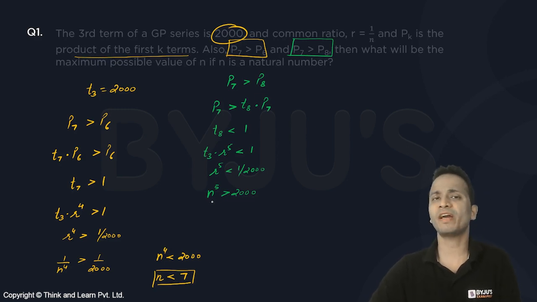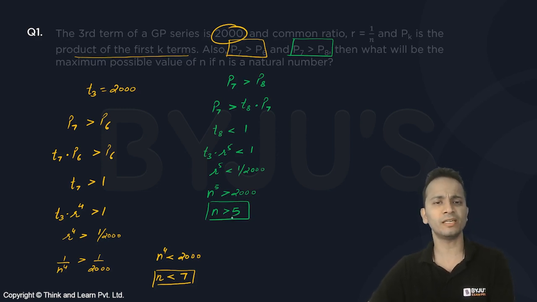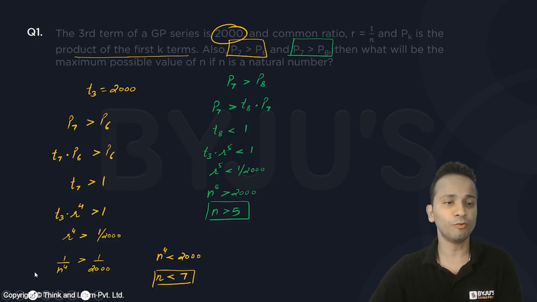So 4 raised to the power 5 is 1024. Okay, 1024. So it will not be possible. So I can say that n will be greater than 4, because 5 is included. This is the second range of n. So n has to be greater than 4.